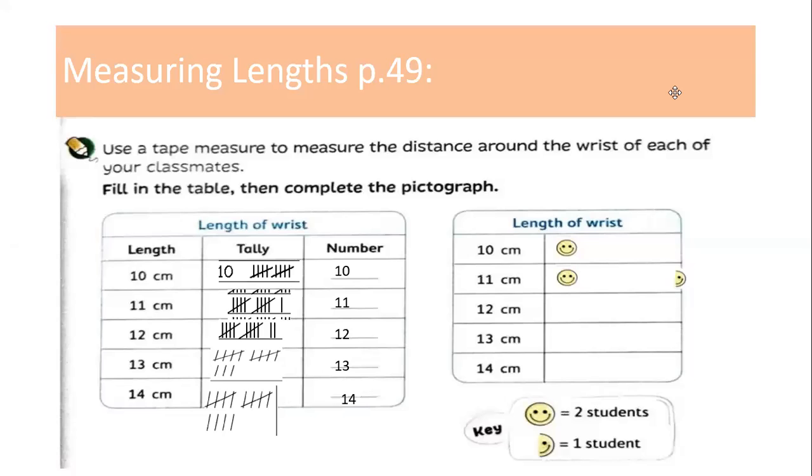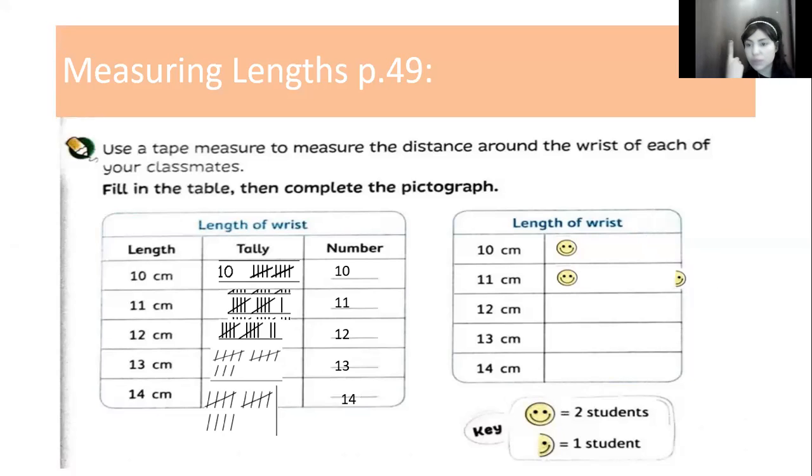As I told you, if one face equals 2, let's count: 1 face is 2, 2 faces 4, 3 faces 6, 4 faces 8, 5 faces 10. So this is the number I want. Half face equals 1.